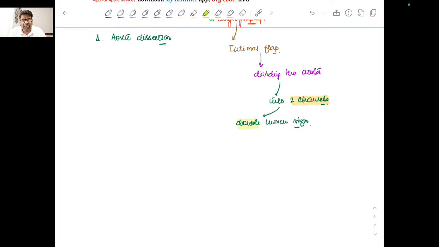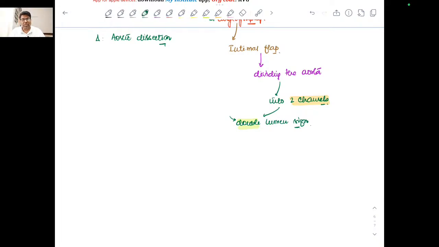One is the normal or the true one, and second is the false channel which has been created because the blood is tearing the intima and it is now dissecting the layers of the aorta, right? So therefore double lumen sign suggesting aortic dissection.